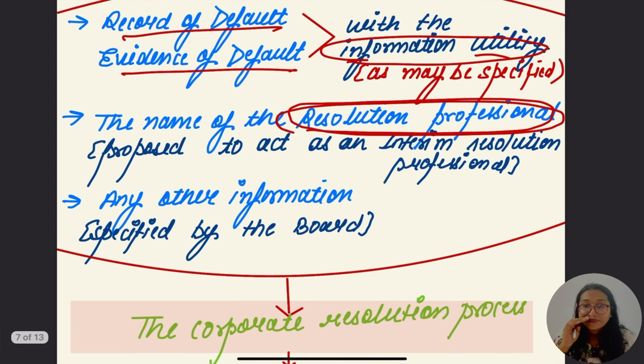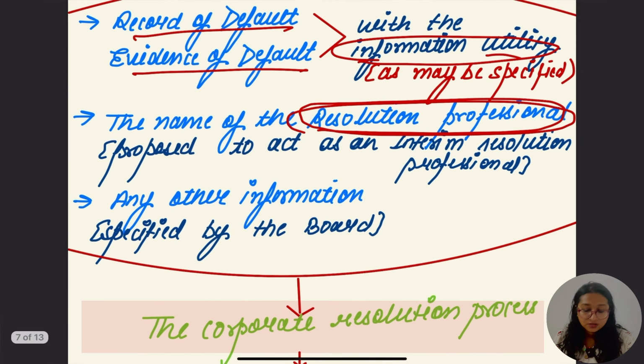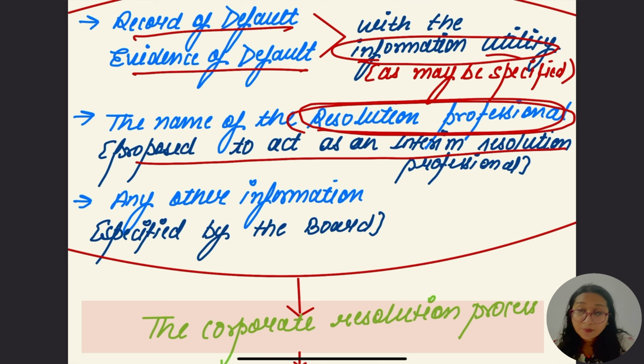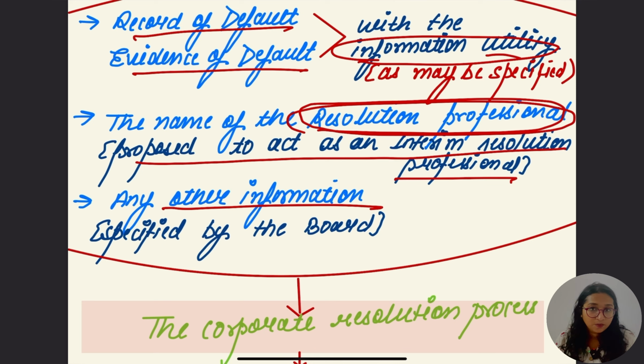So first of all, if the default has occurred, then the record and the evidence of the default should be furnished along with the application. Other than that, the name of the resolution professional, who is proposed to act as the interim resolution professional in this process, should be mentioned, or any other information which is specified by the board.